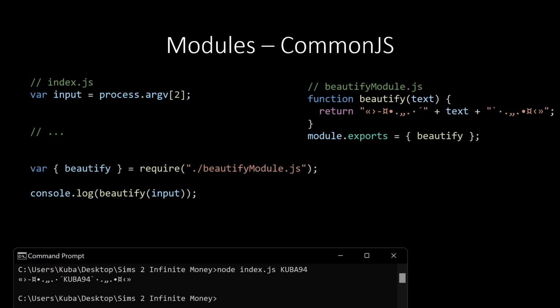But on the side of our index.js, Node essentially implemented a require function, which we can point to a file, and it, maybe not literally, but essentially will wrap that file with an iffy, with a module.